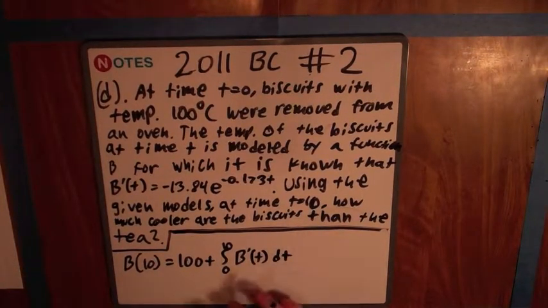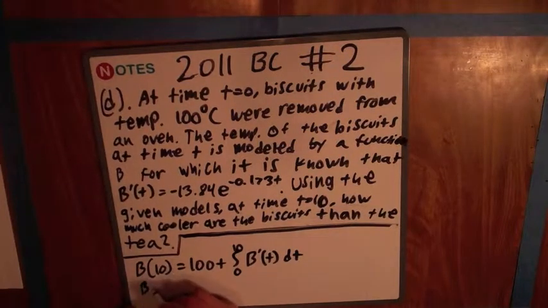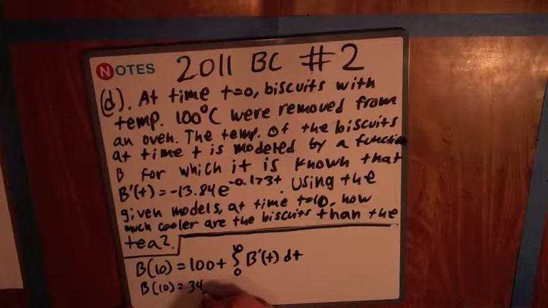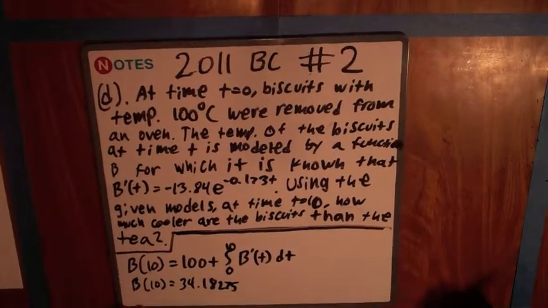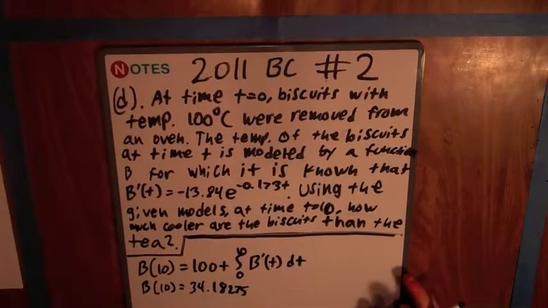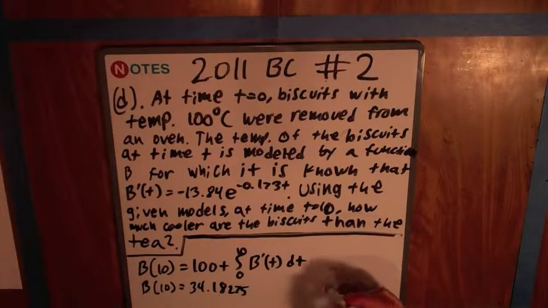And what this comes out to be is that b at time 10 is equal to 34.18275. So now, looking back at our table, at time 10, h of t was 43 degrees.